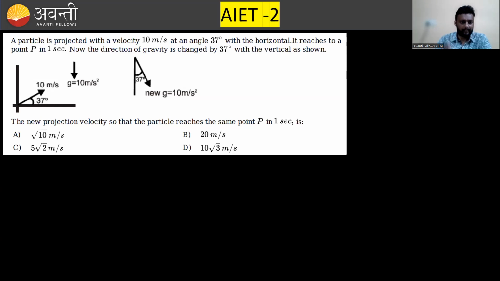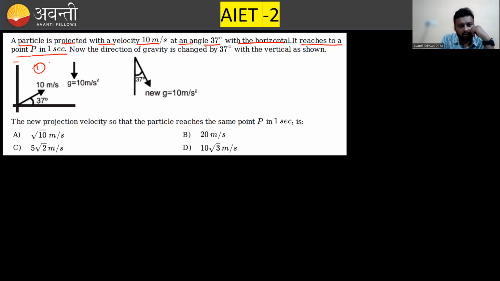Read the question first. There is some diagram given. A particle is projected with a velocity 10 meter per second at an angle 37 degree with the horizontal. Now for this situation, there is a diagram given like this. Now it reaches a certain point P in 1 second.